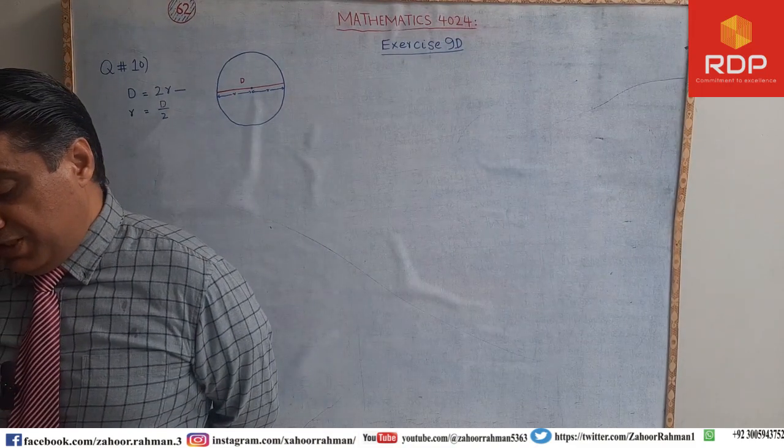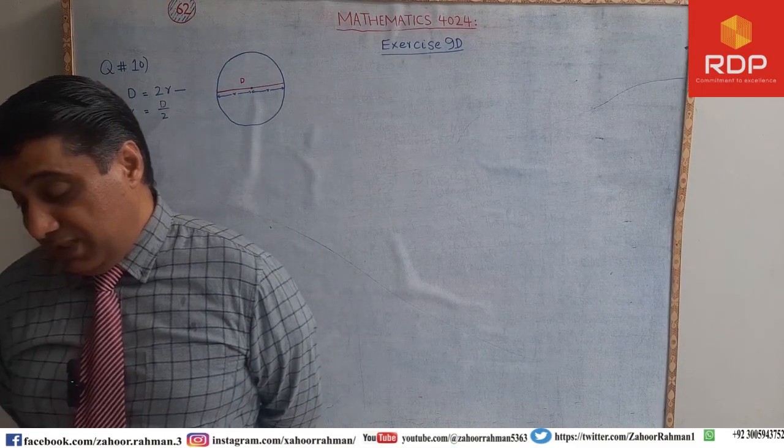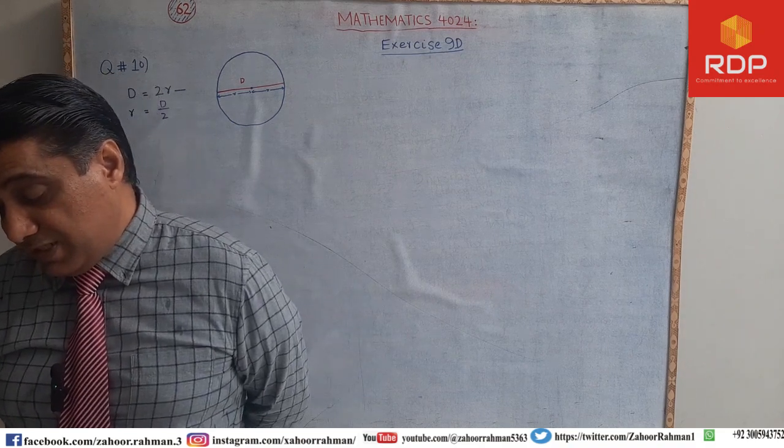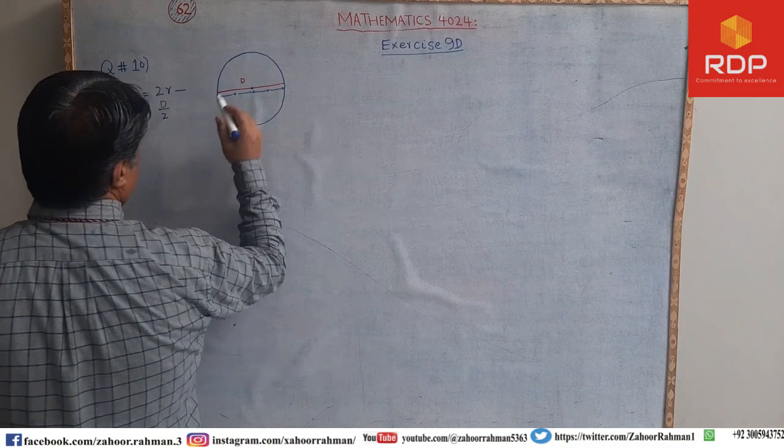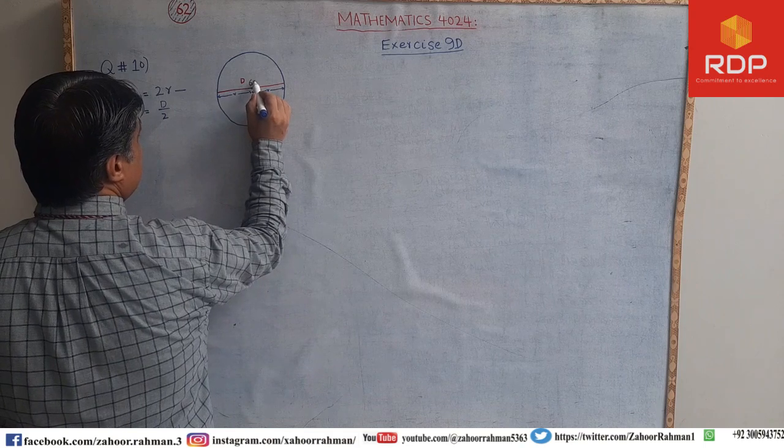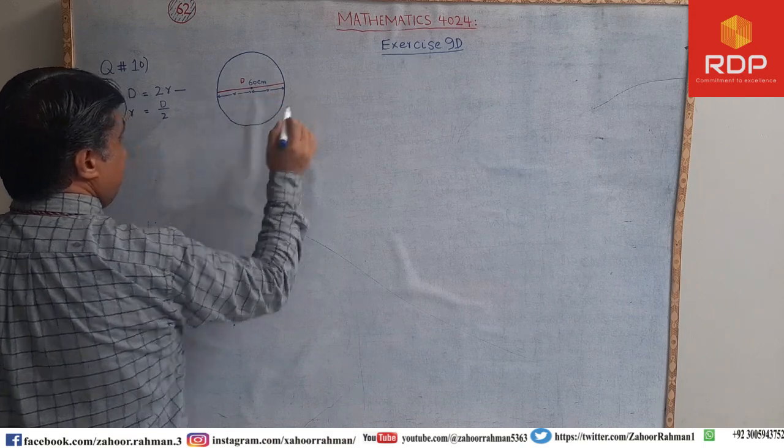But the first task is to understand the question. Let me restart it. The diameter of a wheel of a car is 60 centimeters. Let me write that this is 60 centimeters diameter.